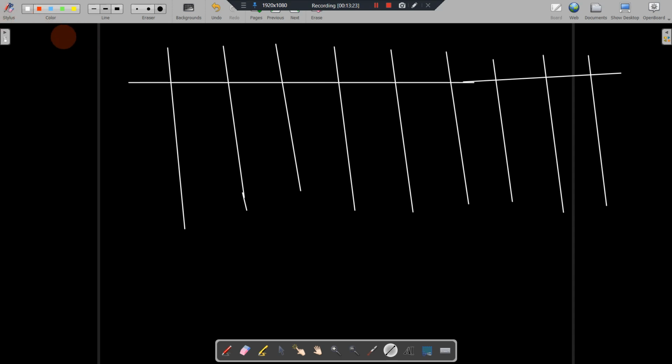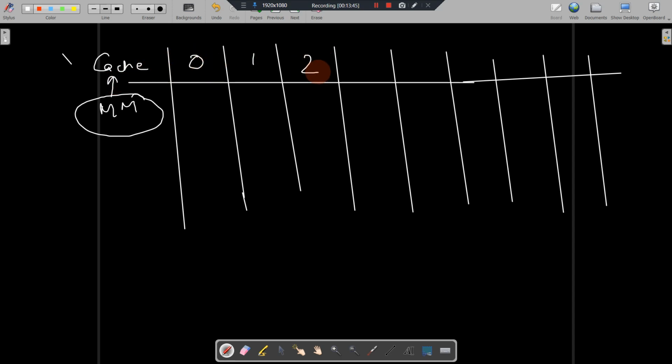What we are doing is writing the cache memory index where it is mapped and the main memory address. Which main memory block addresses are mapped to which cache index? We have total 0 to 9 cache indices: 0, 1, 2, 3, 4, 5, 6, 7, 8, one more, 9. These are the indices, and the main memory.